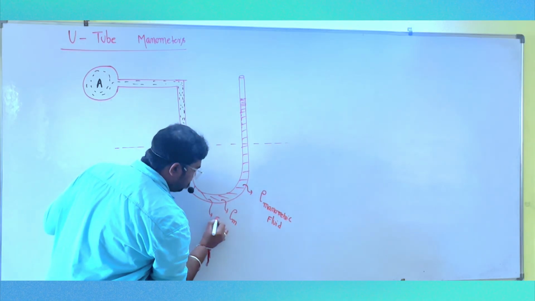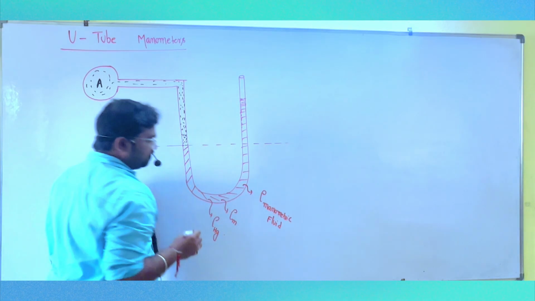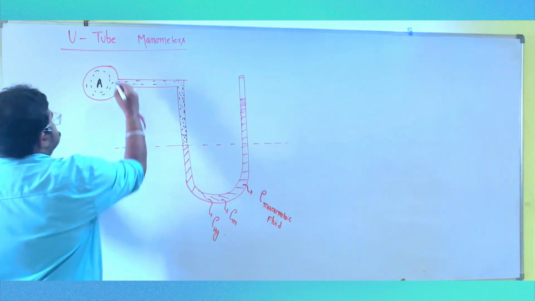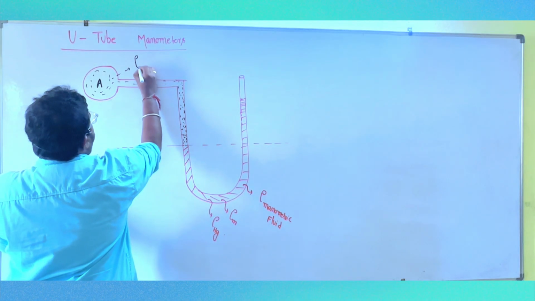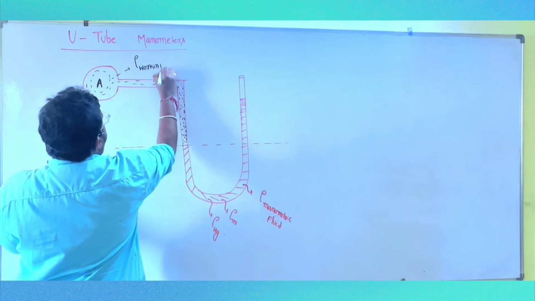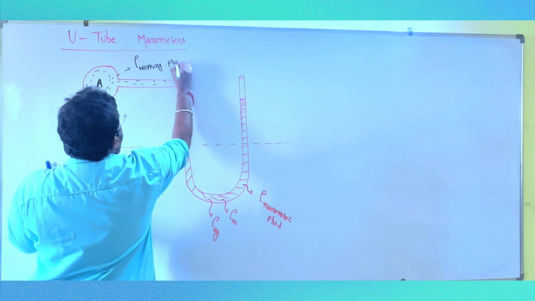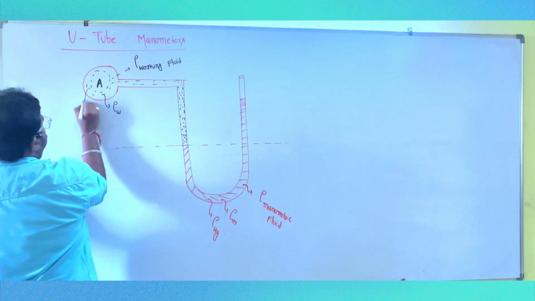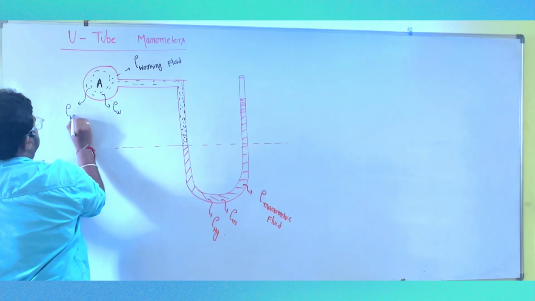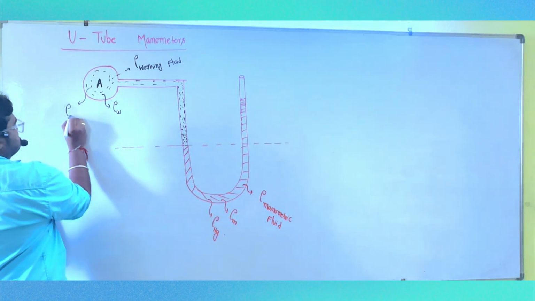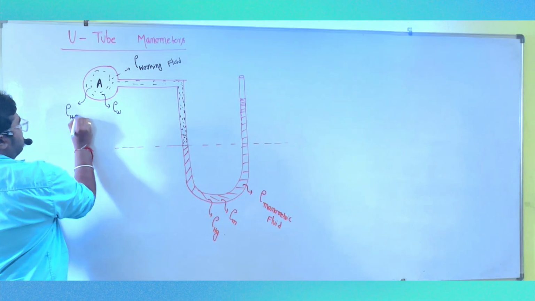Here the manometric fluid is mercury. So this is the working fluid, water. Density of water.